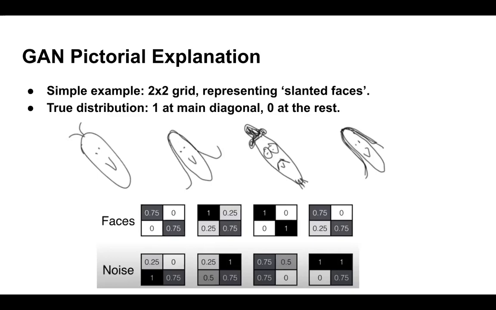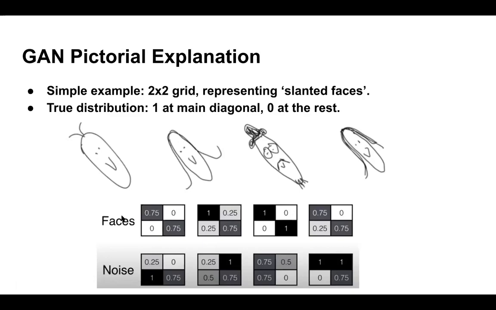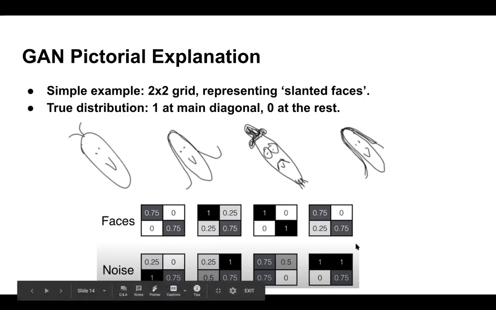What standard faces means in this context is that the top left and the bottom right corner should have high pixel value, which is basically black, whereas the top right and the bottom left should have low pixel values. The discriminator wants to be very good at categorizing this type of thing as faces and this one as noise, whereas the generator wants to produce something that looks very similar to these faces.